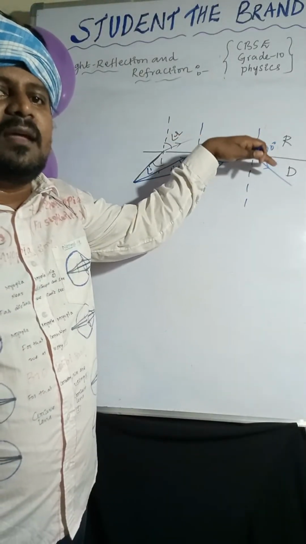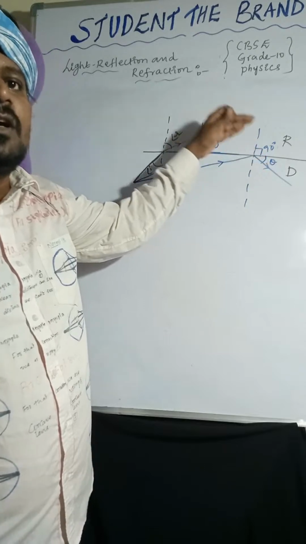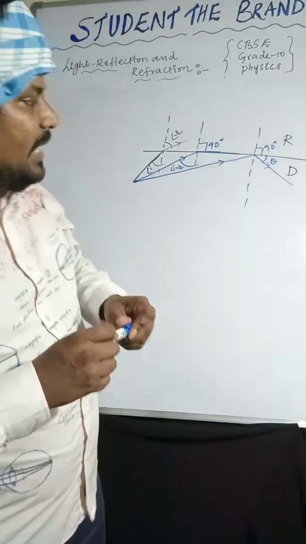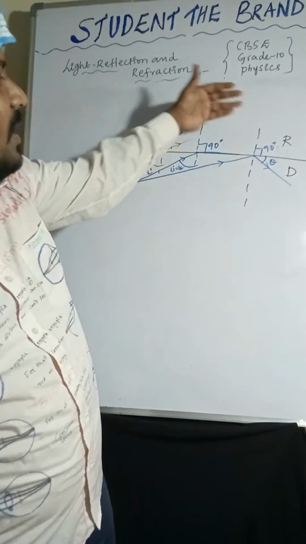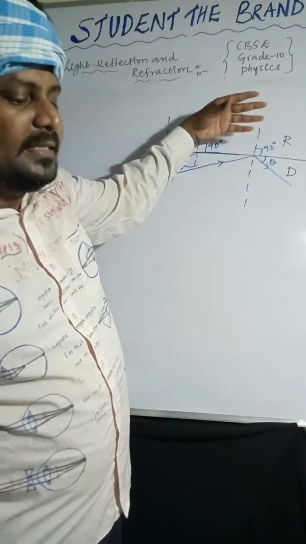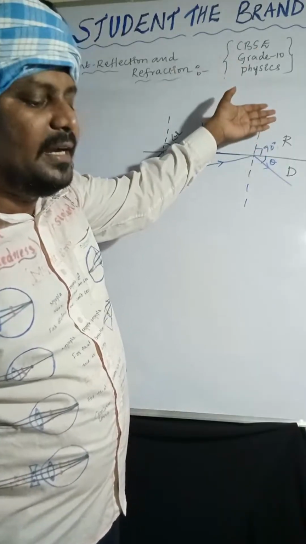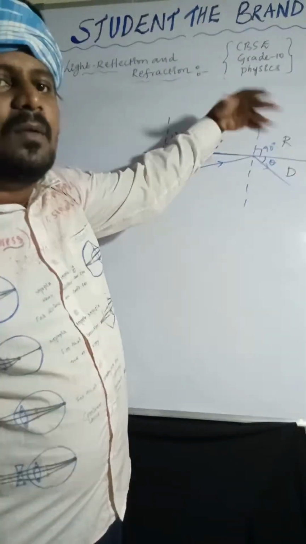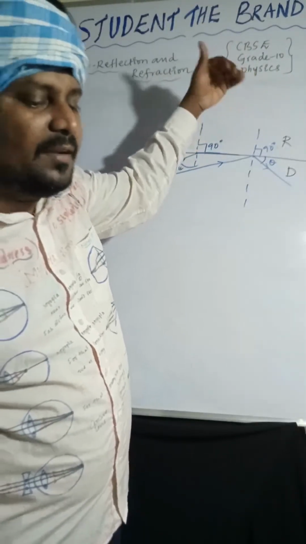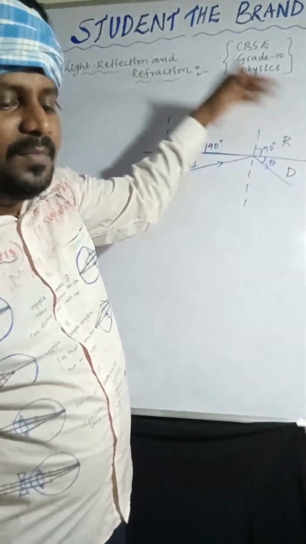Here you can observe the light ray is passing from denser to rarer. So if in the rarer medium it makes more than 90 degrees, that is, the angle of incidence is more than the critical angle, that light ray will reflect back into the same medium.